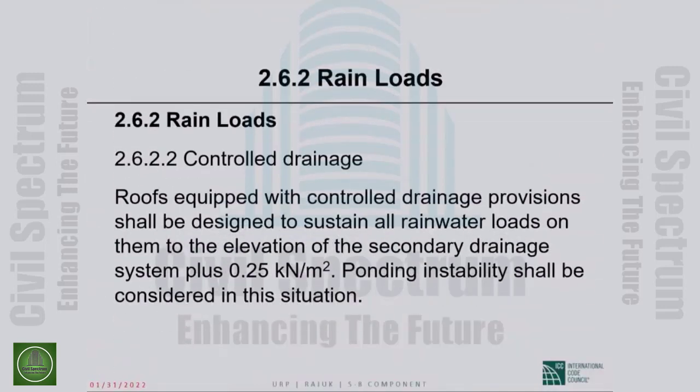Controlled drainage. Roofs equipped with controlled drainage provisions shall be designed to sustain all rainwater loads on them to the elevation of the secondary drainage system plus 1/4 kilonewton per square meter, that's 5 pounds per square foot.